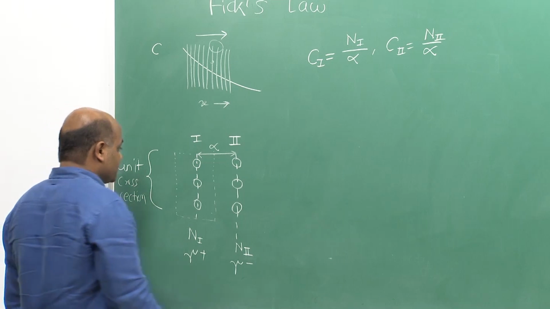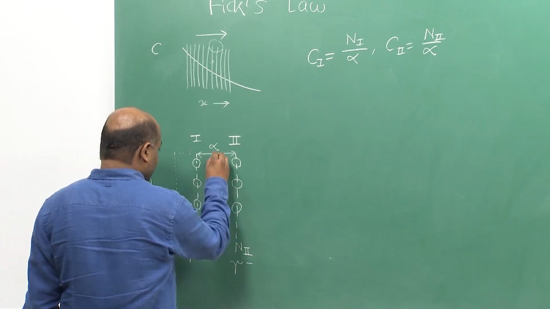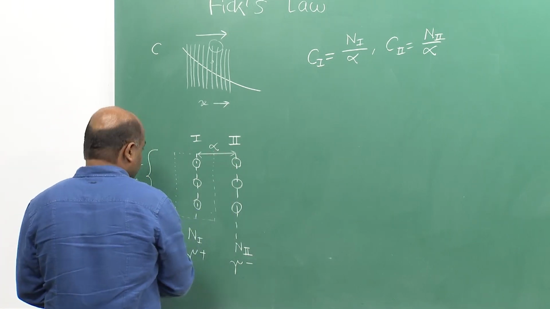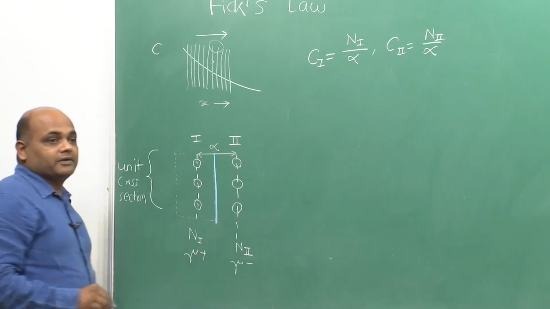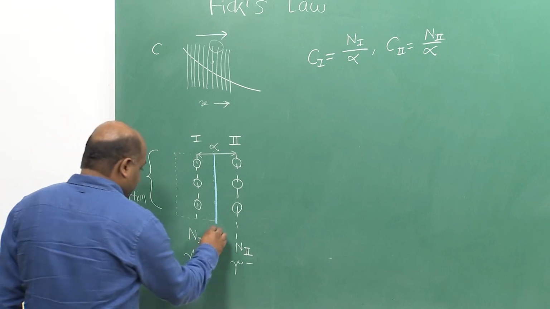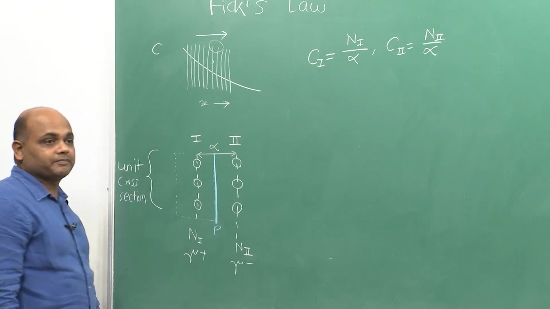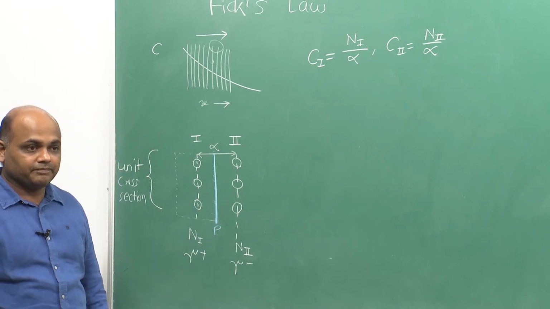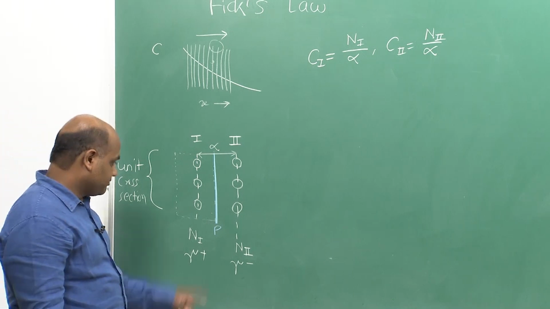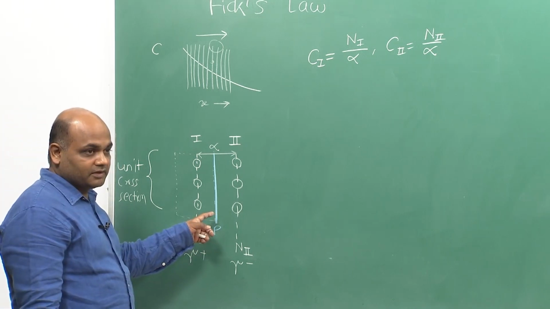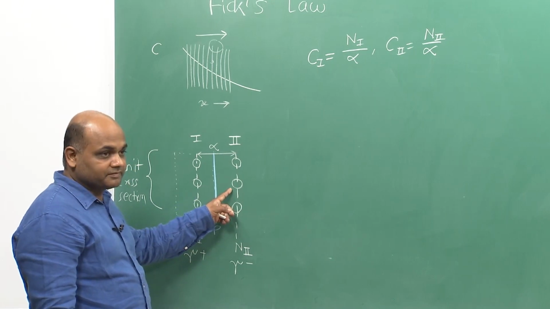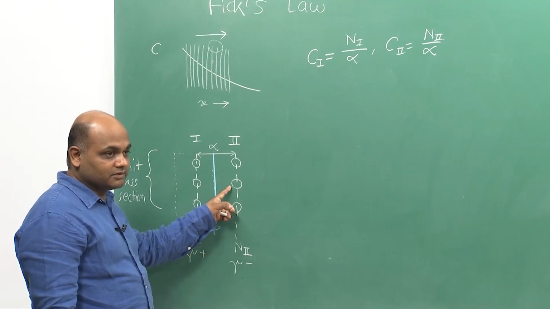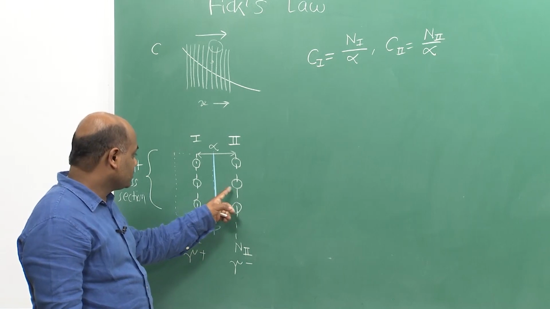Now, we need to measure, let us say, the flux across the central plane, let us call this P. So, what will be the net flux across plane P? There are atoms jumping from left to right, that is from plane 1 to plane 2, and there are atoms jumping from plane 2 to plane 1.